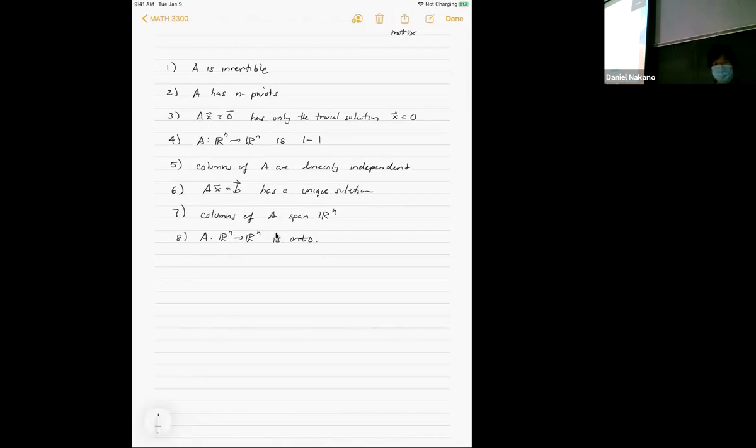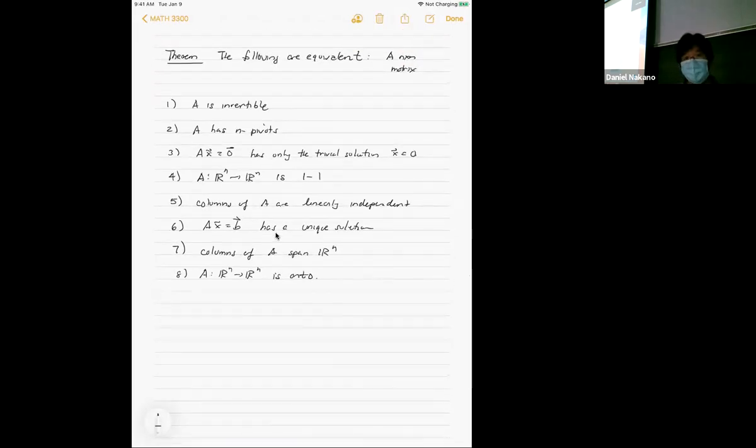So this encapsulates the idea of invertibility, Gaussian elimination, homogeneous systems of equations, general systems of equations, linear independence, spanning, and 1-to-1 and onto. So this theorem is like everything under the kitchen sink.